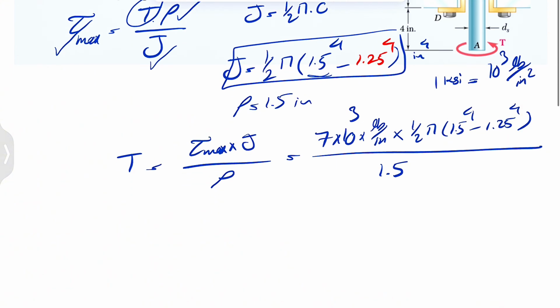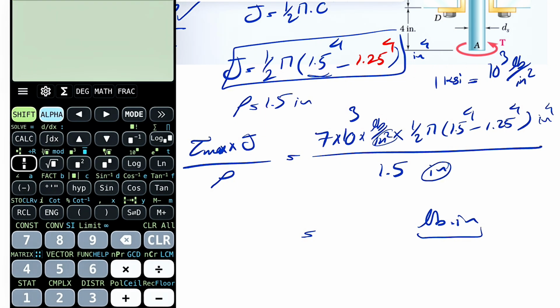So let's see what we get. We have inches to the fourth in the numerator and inches in the denominator, pounds per inch squared, so we're going to end up with the torque unit, pound inch.